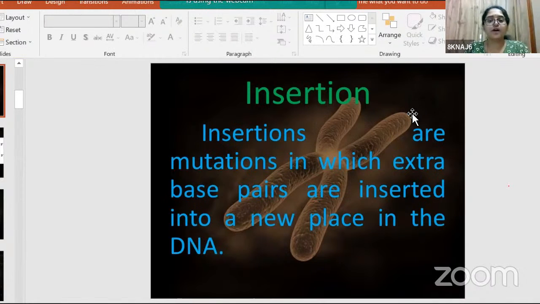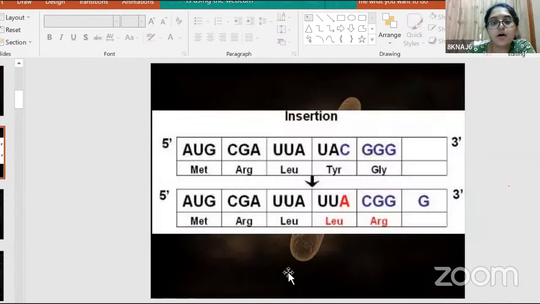In case of insertions and deletions, which are known as indels, extra base pairs are inserted into the DNA. See, that is what is happening. Instead of UAC, tyrosine, you are having UUA over here.